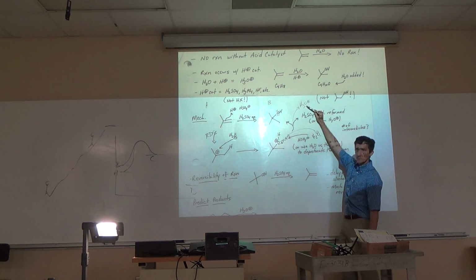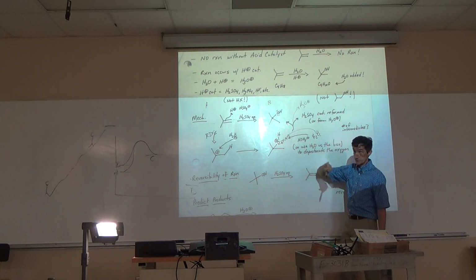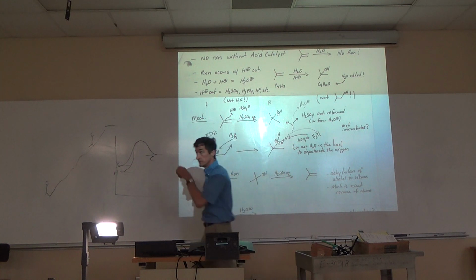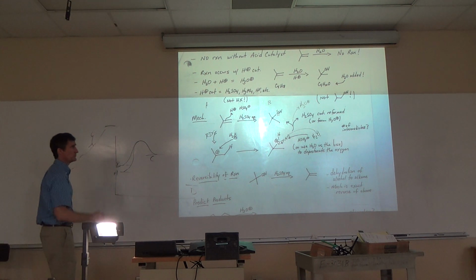That's actually strictly more correct, because how does sulfuric acid exist in water? H3O plus. It's always appropriate if you want to use water to take the proton. I like to use the conjugate bases because we actually reform H2SO4. We see it being reformed. You can also use water to do it.